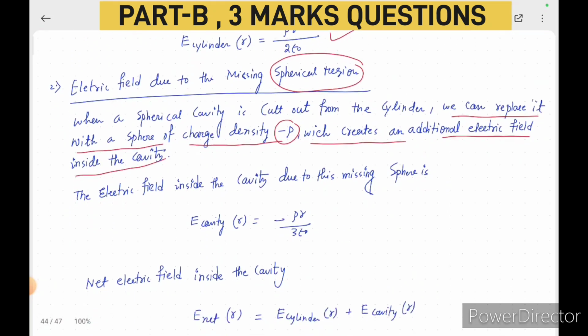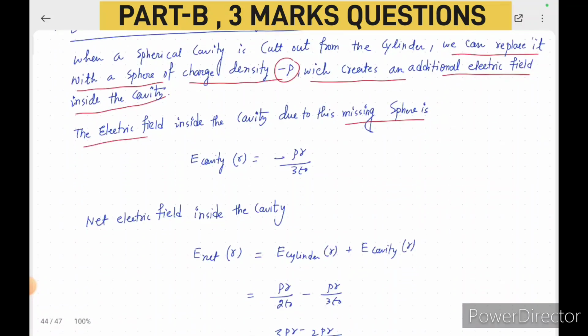The field inside the cavity due to this missing sphere is minus rho r by 3 epsilon naught. We already know that for a uniformly charged sphere, the electric field at an inside point is minus rho r by 3 epsilon naught. These are the two formulas you already know.